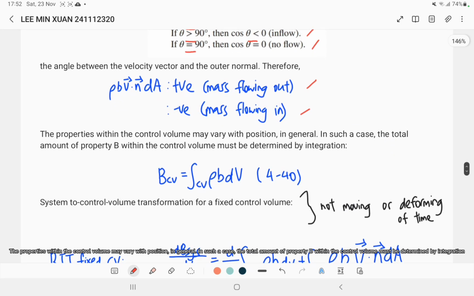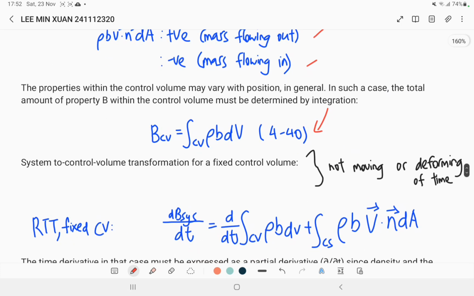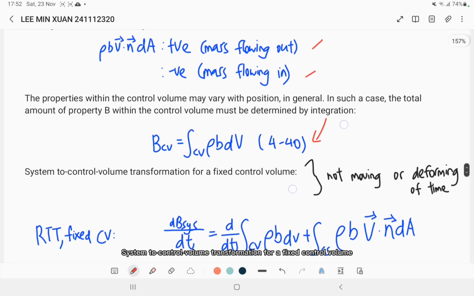The properties within the control volume may vary with position in general. In such a case, the total amount of property B within the control volume must be determined by integration. So we can get these equations. Now, the system to control volume transformation for a fixed control volume.